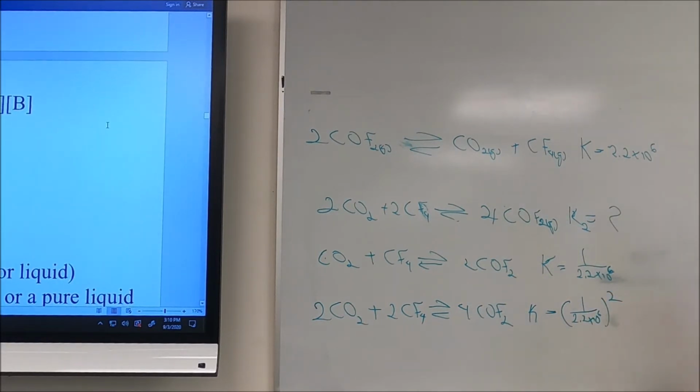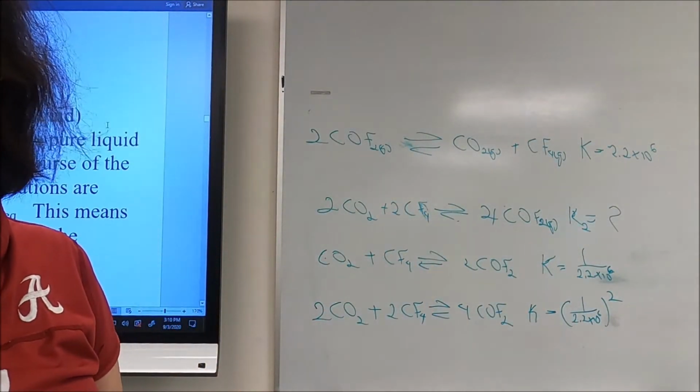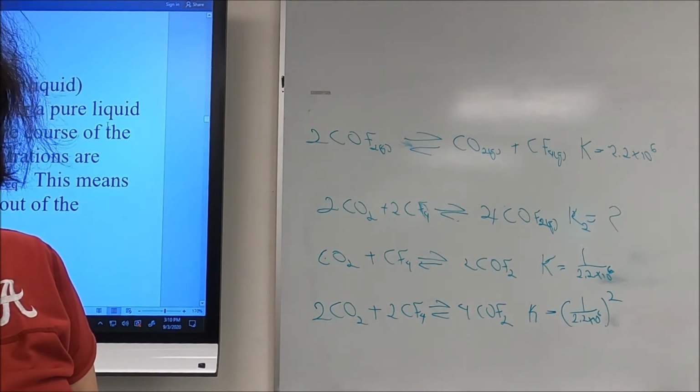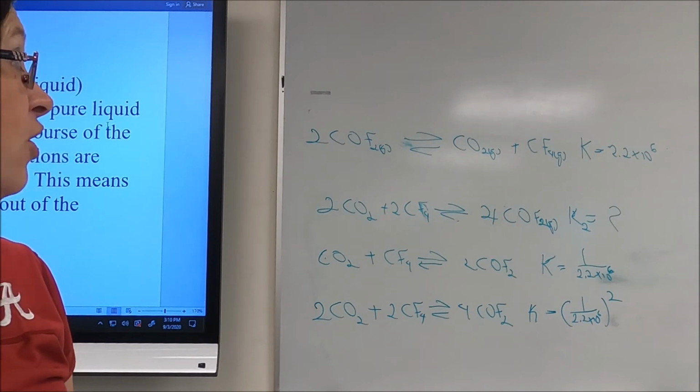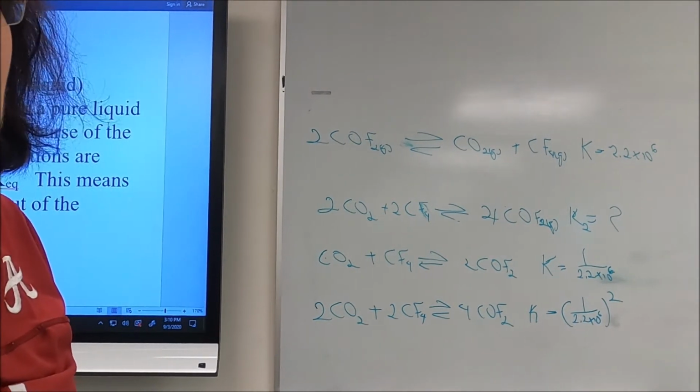Okay? You guys can punch it through your calculator. I've got it set up for you. I would also suggest that you look at more practice problem 15.2 because you got to figure out how to add 2 reactions together to get the third reaction. Okay? So those are all things that I expect you to be able to do.